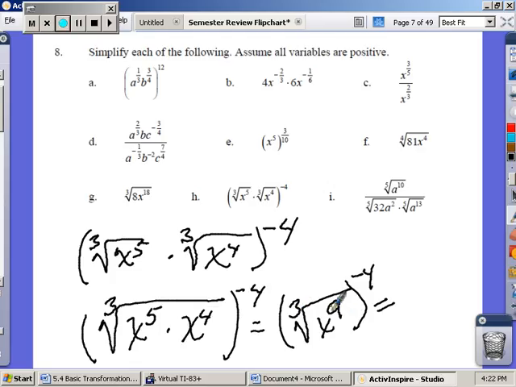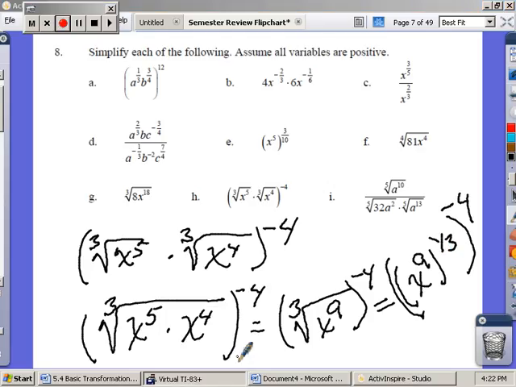Now, the cube root of x to the 9th can be rewritten as x to the 9th to the 1/3, to the negative 4th. Now you have exponents all being multiplied, so let's use our calculator.